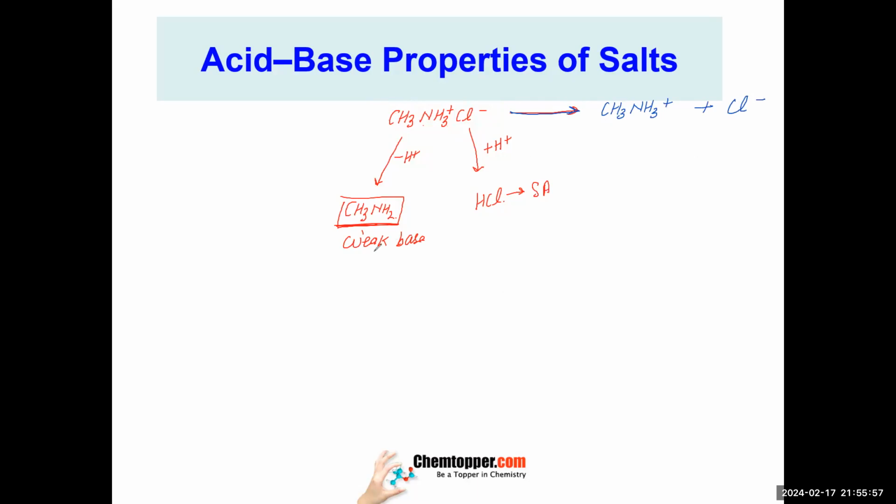Now, this is the weak base. So, what kind of conjugate acid? Weak base will give you strong conjugate acid. And Cl minus is weak conjugate base. Who will control the pH of water?